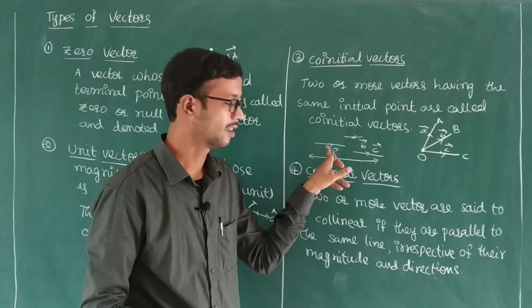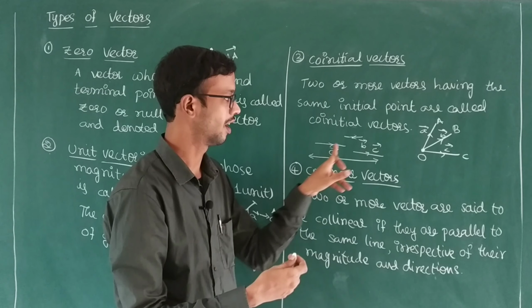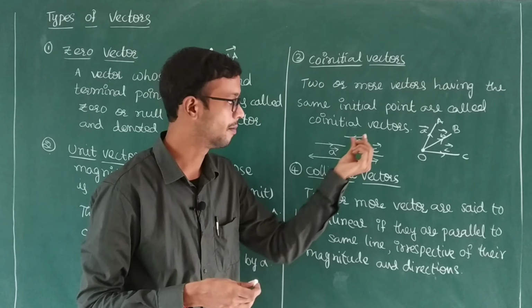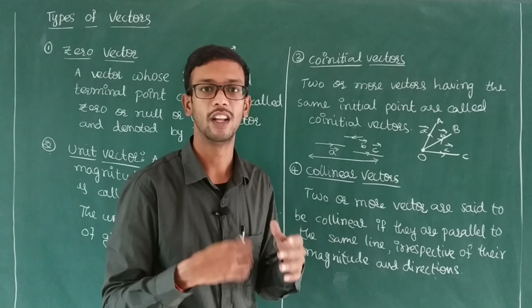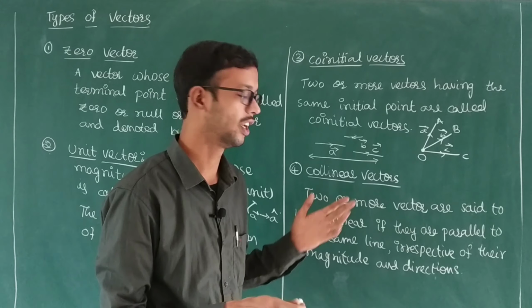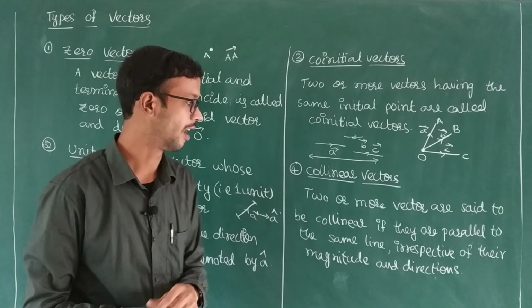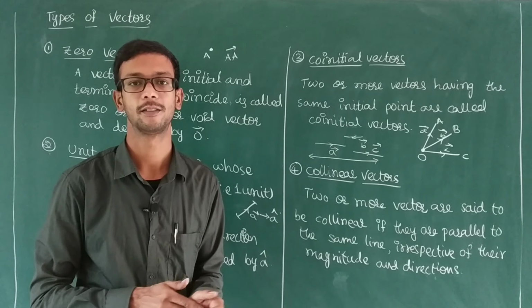You observe A bar has the right side direction and B bar has the left side direction. The directions are different and magnitudes are also different, but we can still say these are collinear vectors. You just have to check only whether they are parallel to the same line or not. So this type of vectors is called collinear vectors.